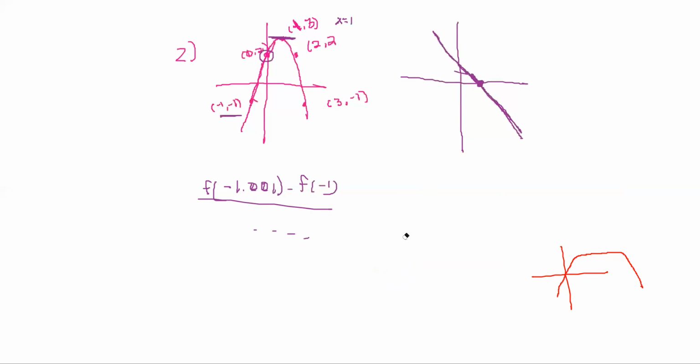If you were to have a graph that looks like this, what you would do is you'd say, okay, here is the section where my derivative is equal to 0. Here is the section where my derivative is positive, i.e. it's going up. And here is the section where my derivative is negative, i.e. it's going down. The slope is negative.